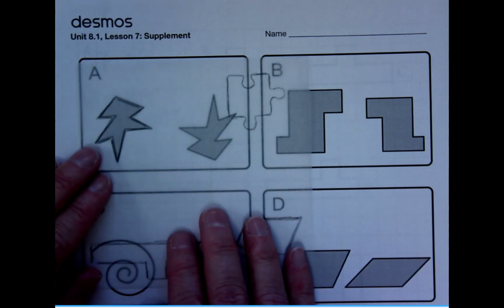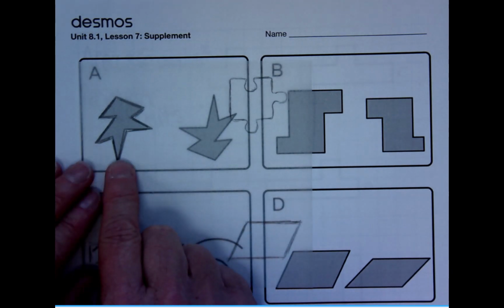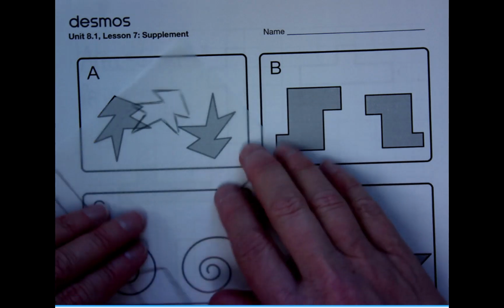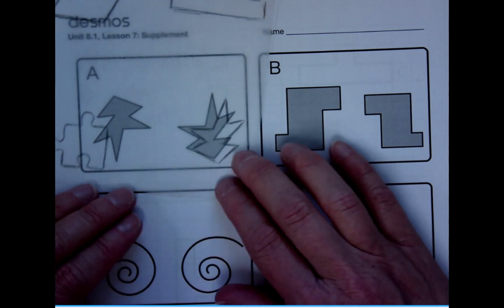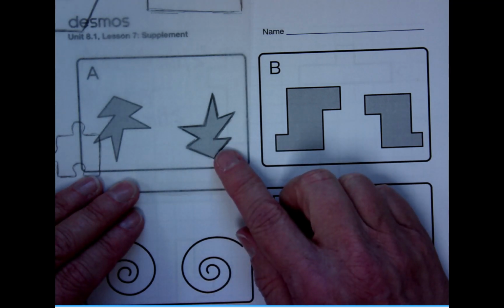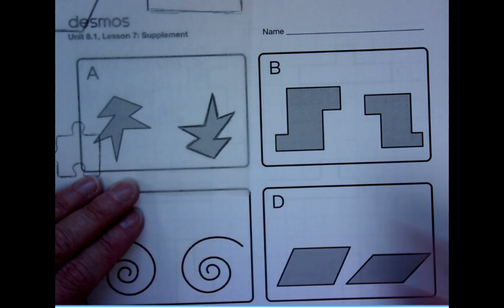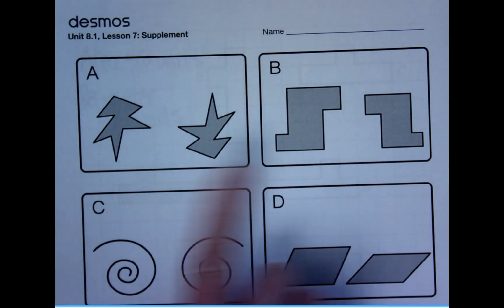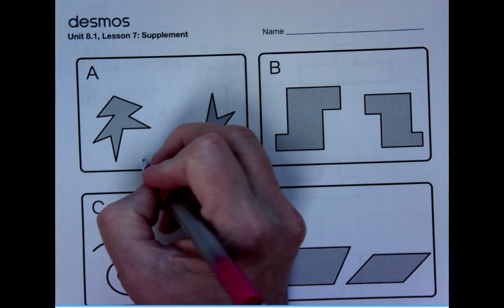So it's kind of a weird figure. I traced it onto some patty paper earlier, and I'm just going to see if I can woozle this around a little bit and get that shape to fit on top of the other. Yep, I can. So these are the same size, the same shape. They're just oriented a little bit differently. I can say that these two are congruent.